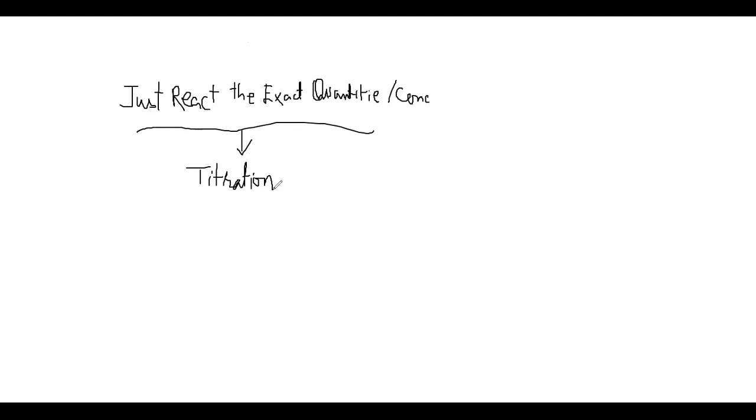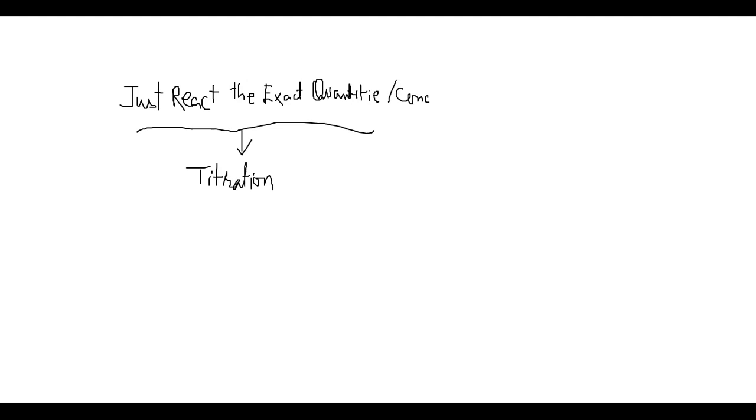Why do we need the process of titration? Because we need to find out the exact quantities which are needed to react to produce the soluble salt. So what are the methods that we are going to have? I'm moving here to the titration method.